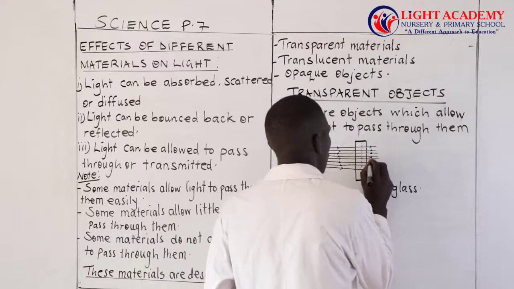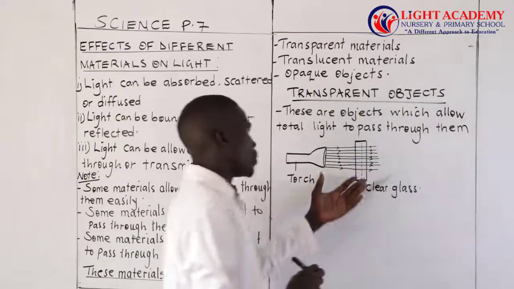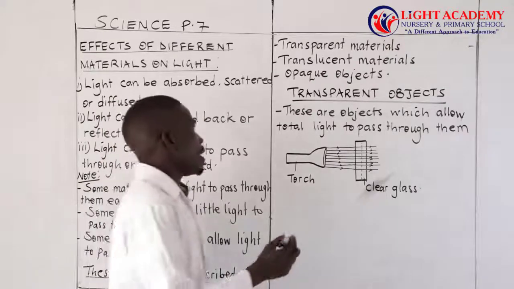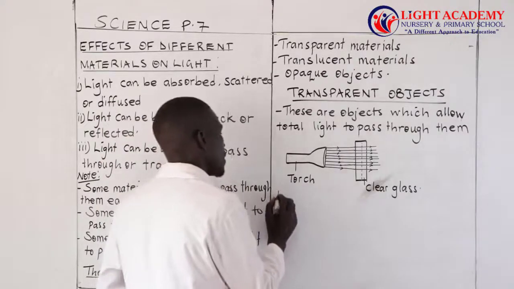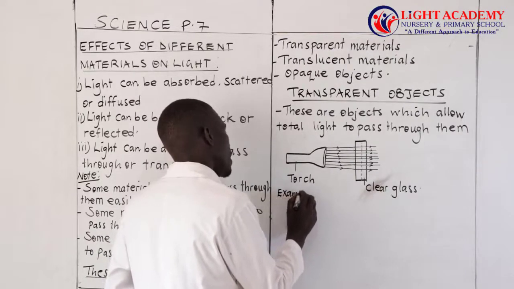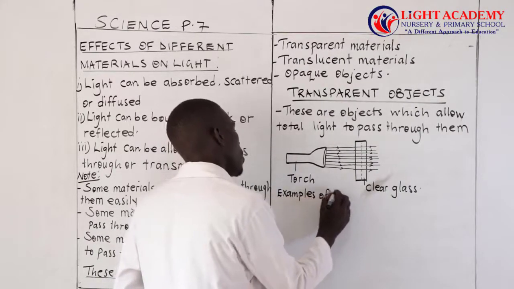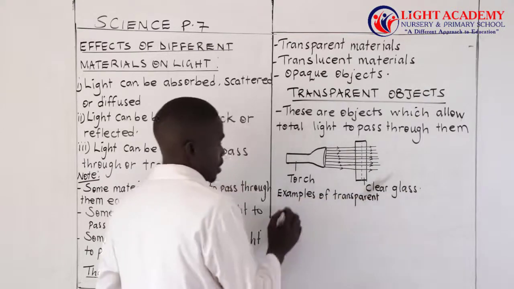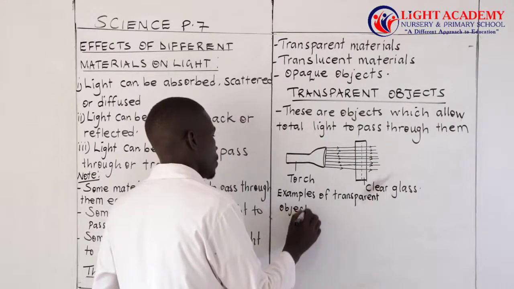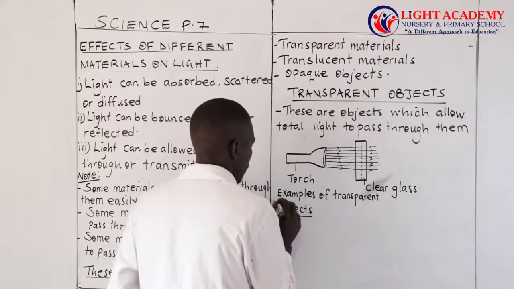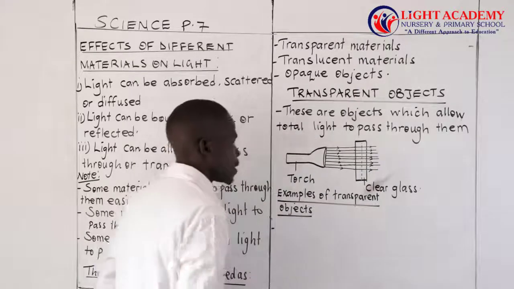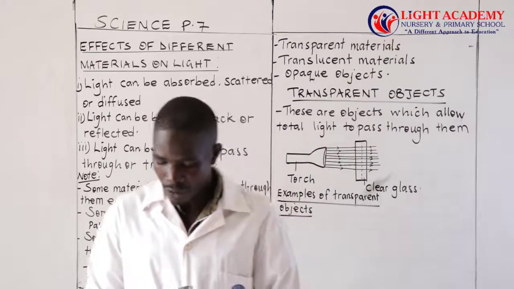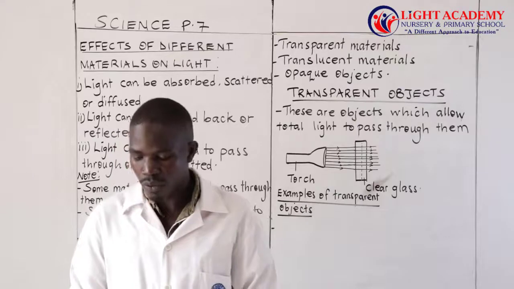Meaning that transparent objects, they allow total light to pass through them. And examples of transparent objects, because these objects, they are very many. Now we are looking at just examples of transparent objects.